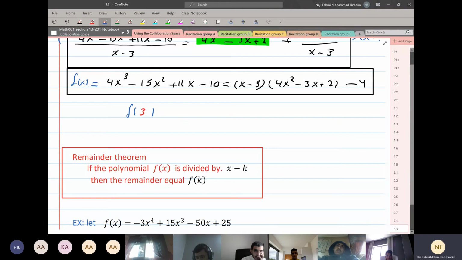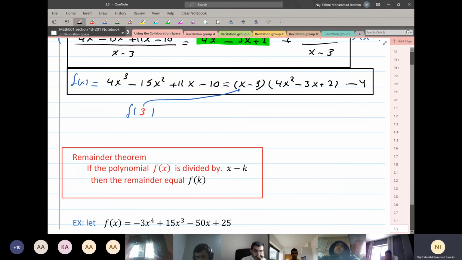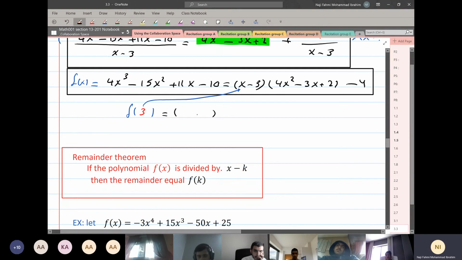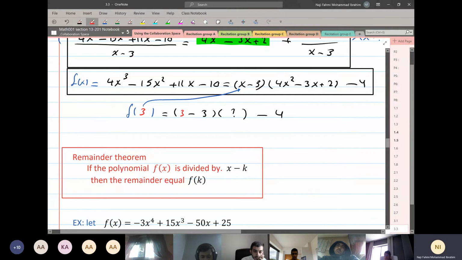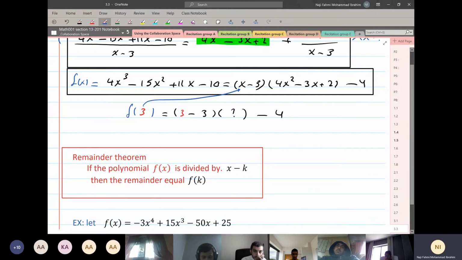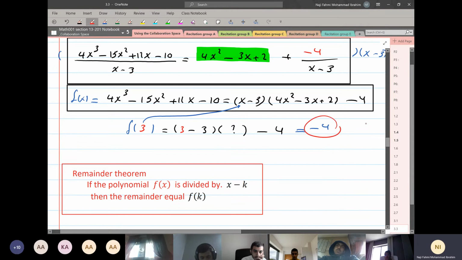So we have 3 minus 3, 0. 0 times anything is 0. Minus 4, the answer is negative 4. And this negative 4 is the remainder. Look at the remainder, is it the same as that one? Yes. So this is the remainder.